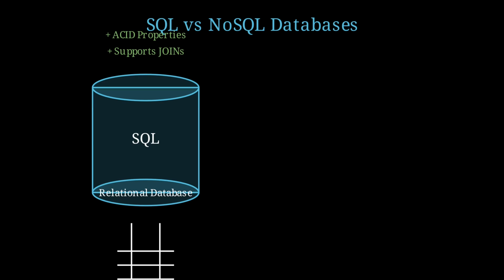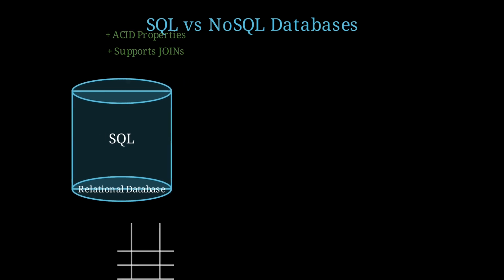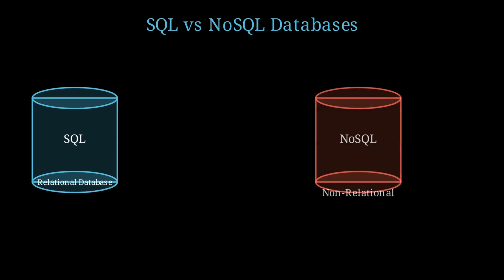Coming to NoSQL databases, there are many types of them. In NoSQL databases, we generally store unstructured data. SQL databases are used to maintain structured data, whereas NoSQL databases are used to maintain unstructured data.